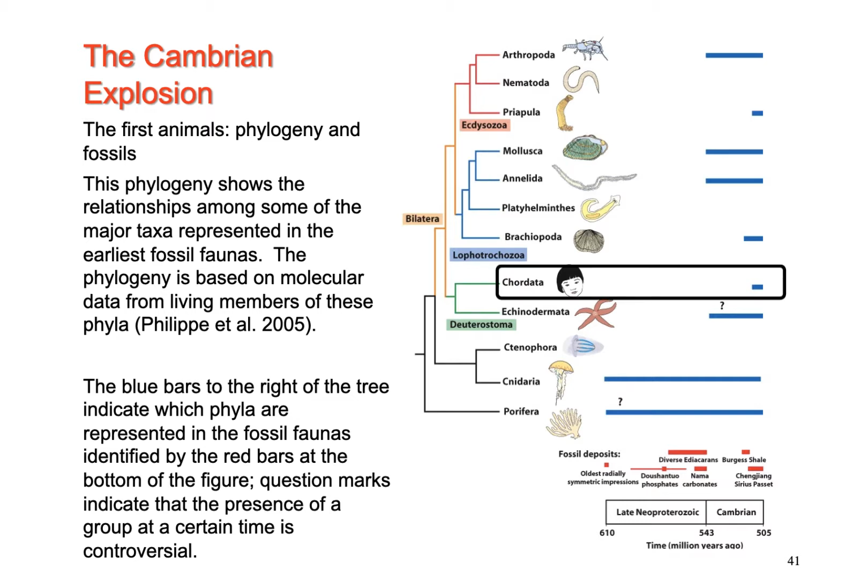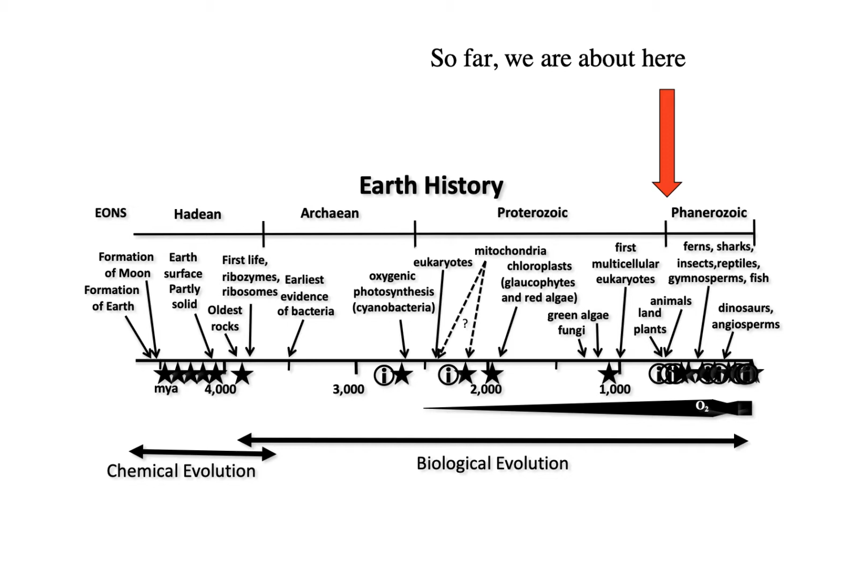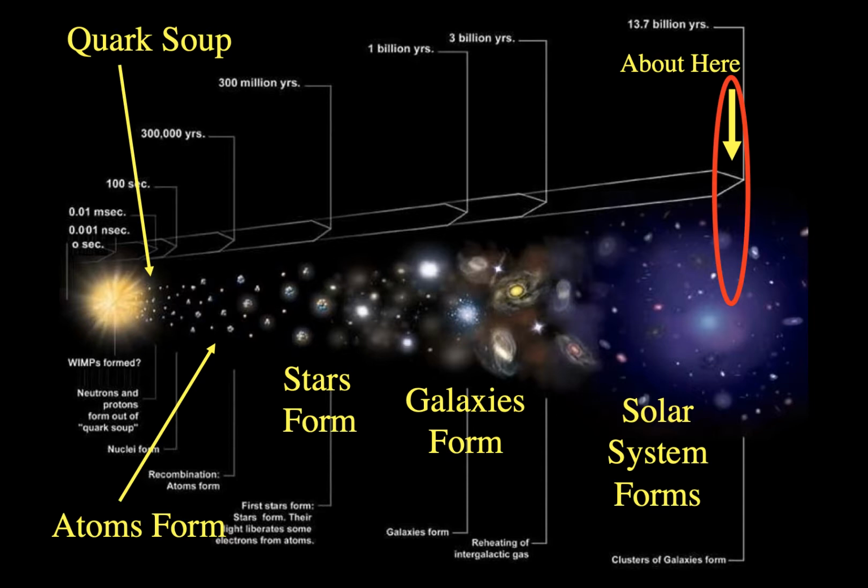And then if you go further forward, Chordata, our group, the very initial members of that group appeared about 500 million years ago. So far, then, we're about here in the evolution of the Earth, right? So about 500 to 600 million years before the present. So just to relate this to the age of the universe, starting from the Big Bang, we're right about here so far, going from the present back about 600 million years ago.